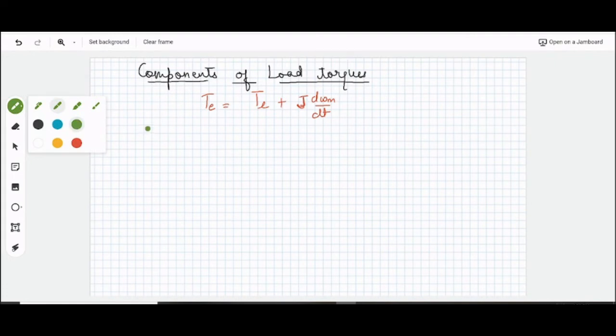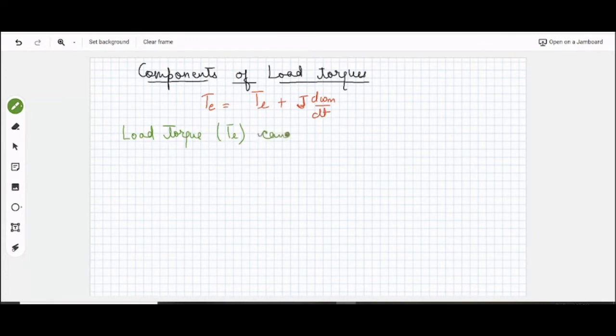So what is being suggested in the book is that this load torque, which we are calling the shaft torque, T_l, can be further divided into three categories or components.